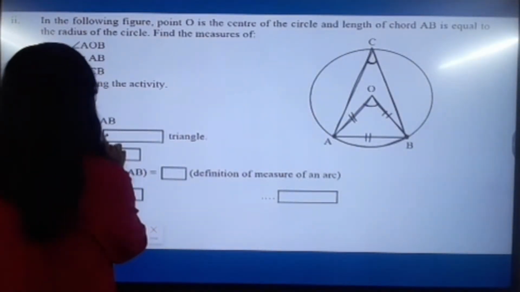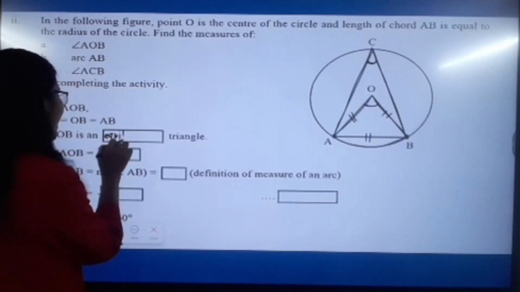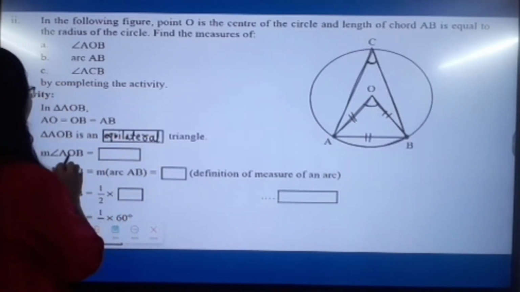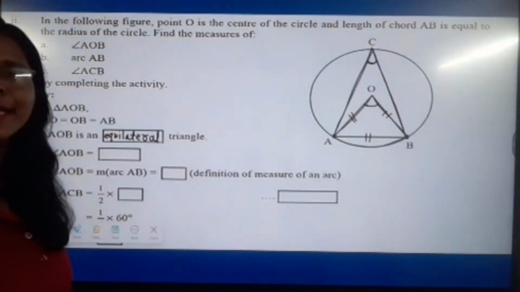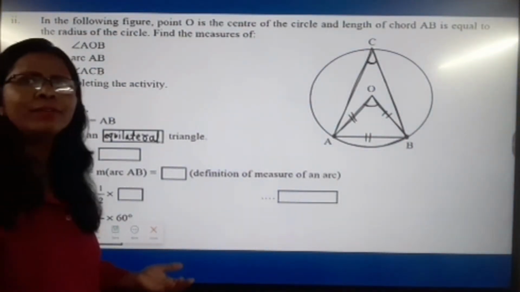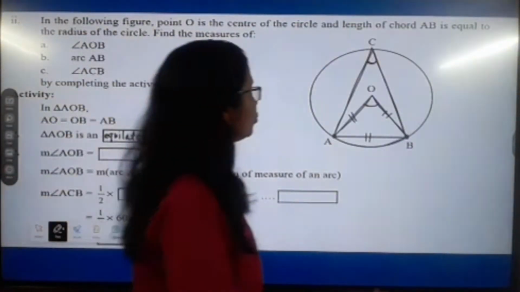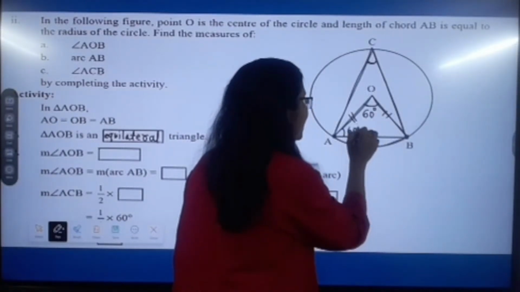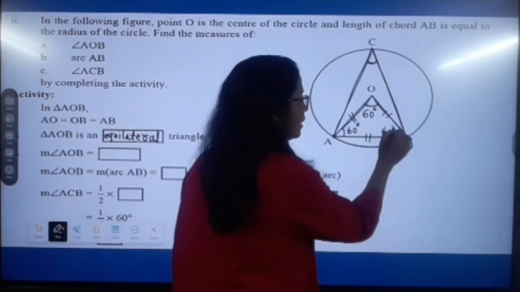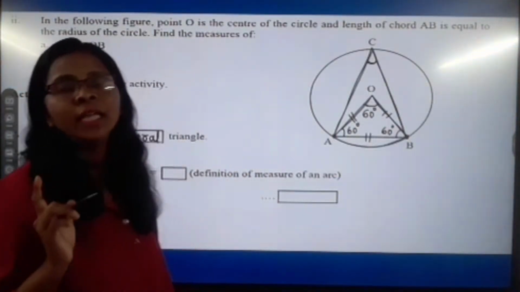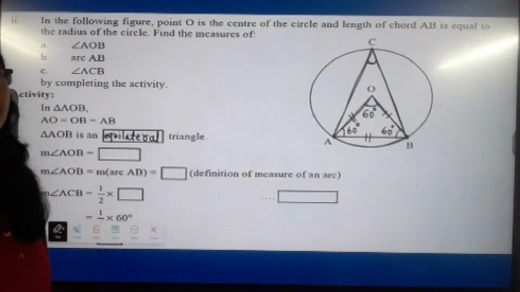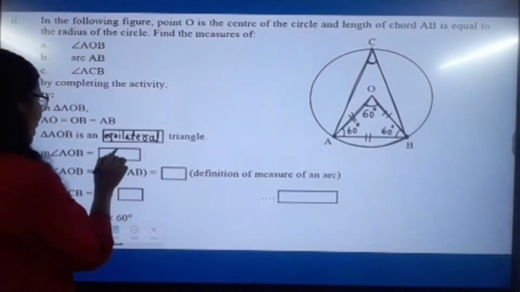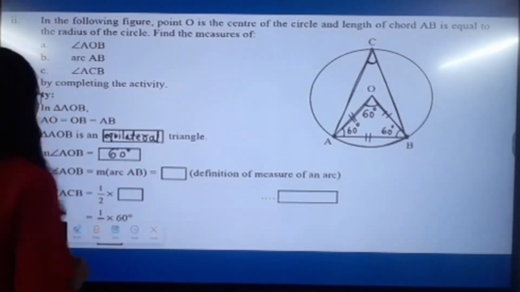Then the measure of angle AOB will be 60 degree, and this angle will be 60 degree, and this angle will be 60 degree, because each angle of an equilateral triangle is the same, 60 degree.